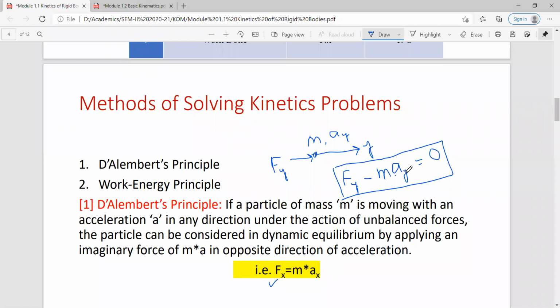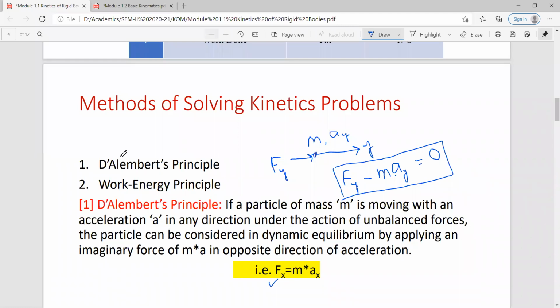The acceleration in the y direction will not be applicable here. So it is direction specific. Means in D'Alembert's principle, vector quantities are involved.